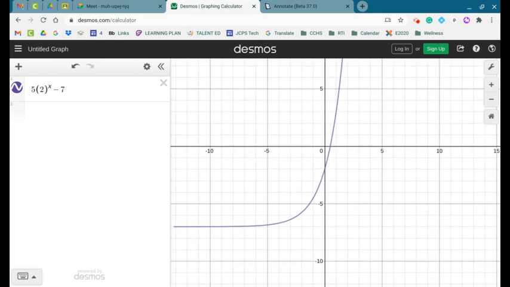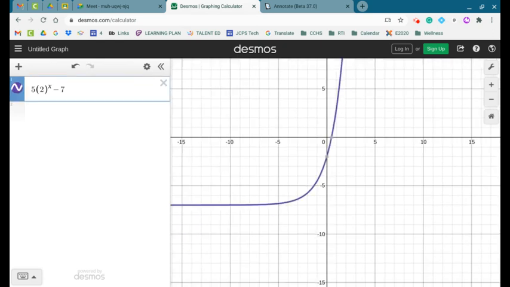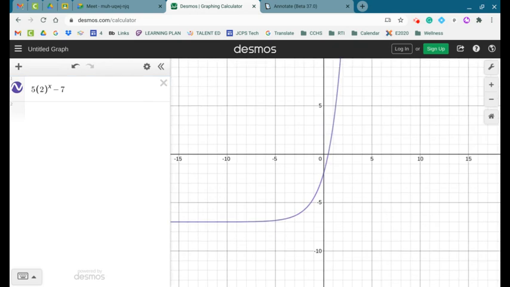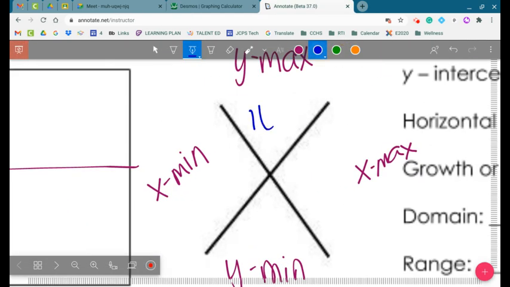This one we're actually going to have to zoom out a little bit because we want to see this horizontal asymptote, which it looks like it's getting super close to negative 7, but never touching. So we can probably use our window dimensions as negative 10 and 10. Because that'll give us all of our information. So we're going to do 10, 10, and then the mins are negative 10 and negative 10.